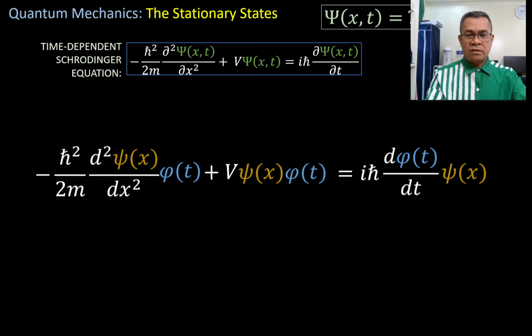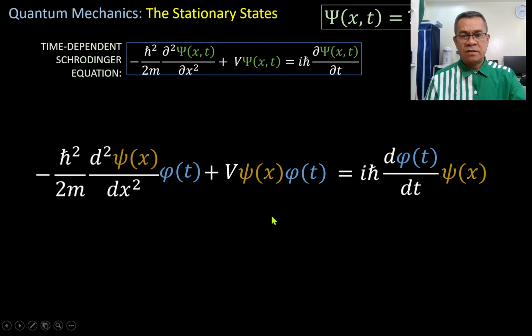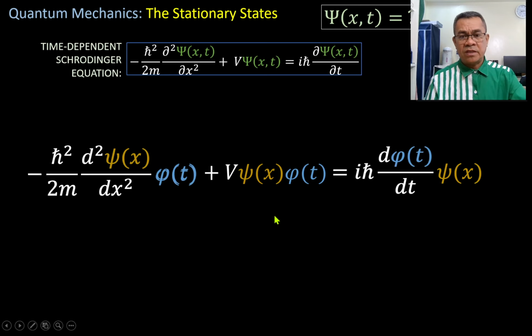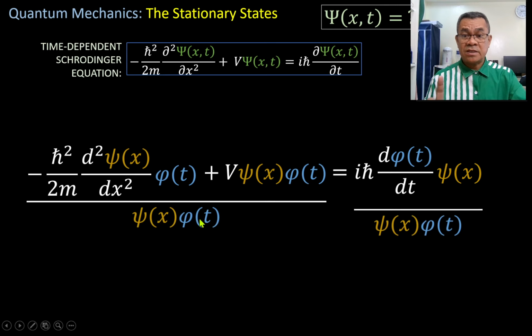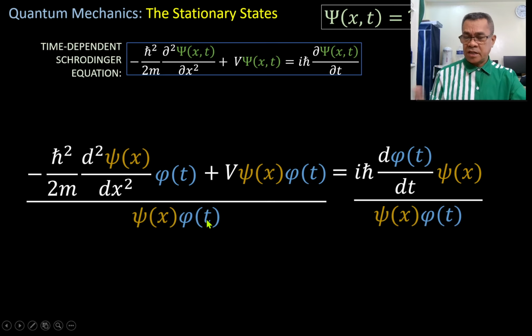Then our next step is to separate, because this is a kind of separable equation. So we will separate the psi(x) and phi(t). And to do it is to apply the idea or ability in mathematics. We can do it by dividing both sides by psi(x) and phi(t). So nothing has changed because we apply the same divisor on the right member.